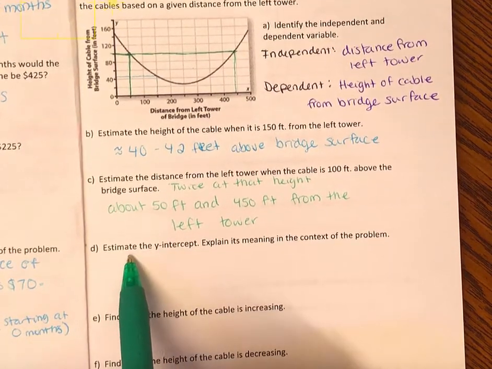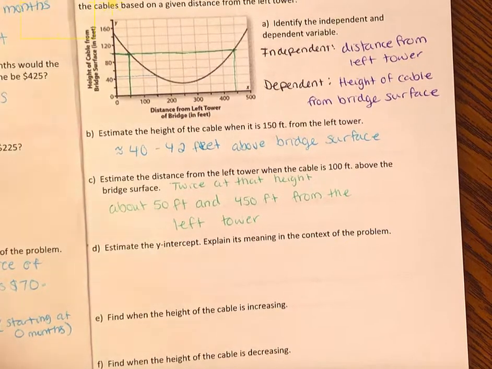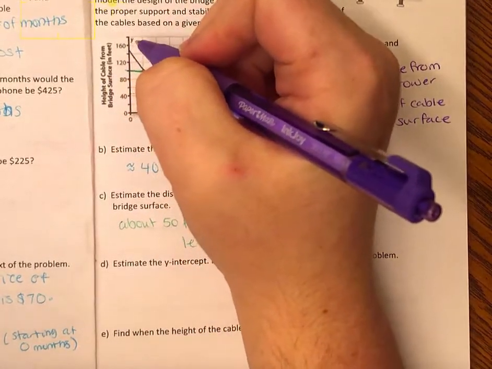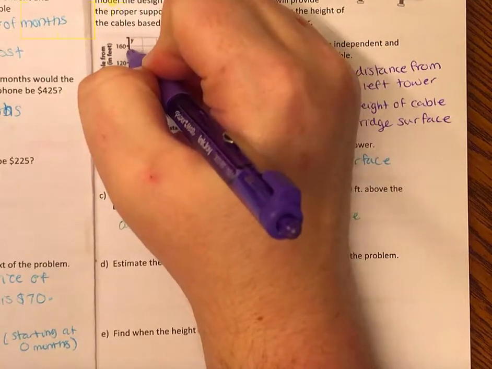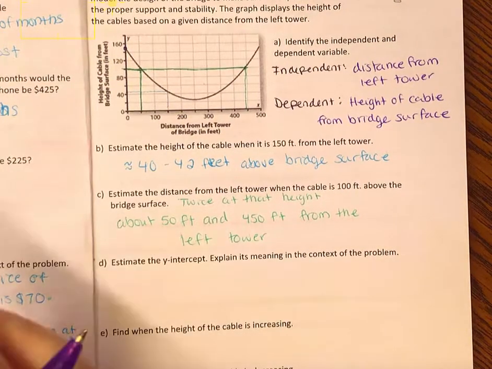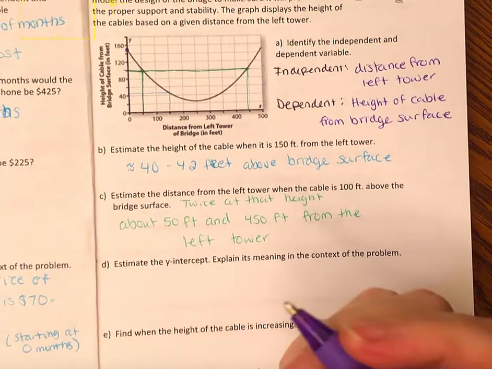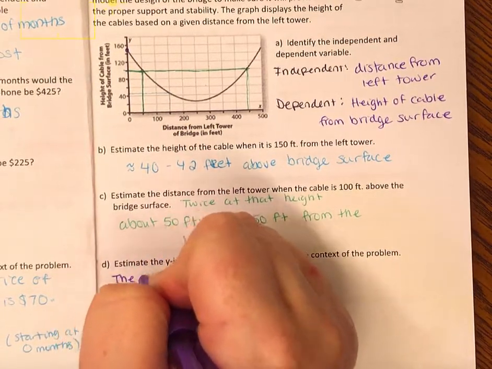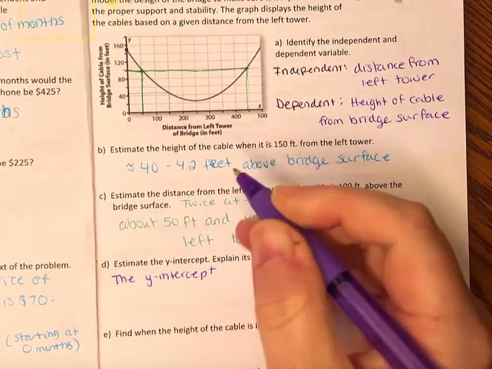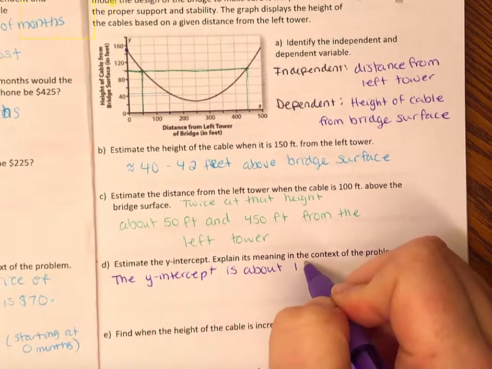Now it says to estimate the y-intercept and explain its meaning in the context of the problem. So again, the y-intercept is where it is touching the y-axis. That is a little bit above 140. It looks to be about halfway between 140 and 160. So we can say that the y-intercept is about 150 feet.